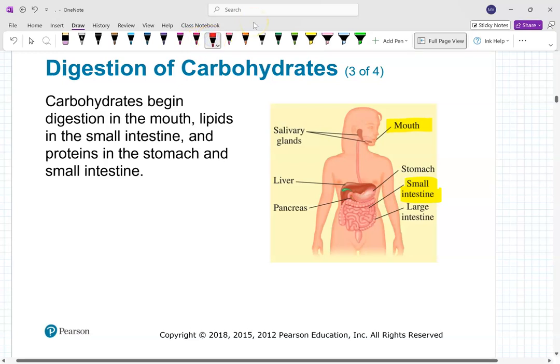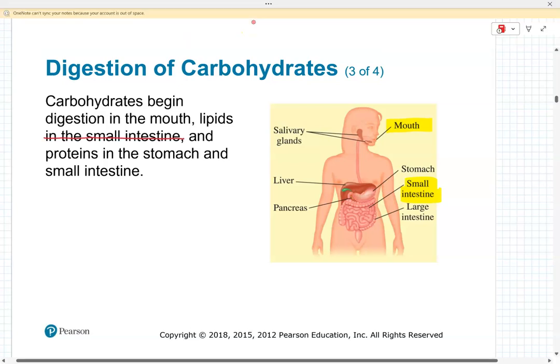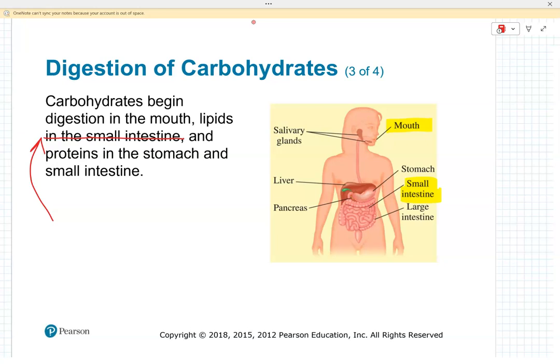The digestion of lipids does not start in the small intestine. Digestion of lipids occurs in the mouth, stomach, and small intestine.